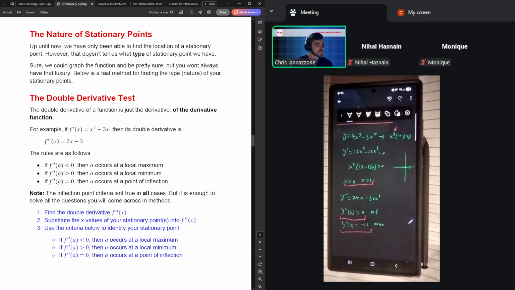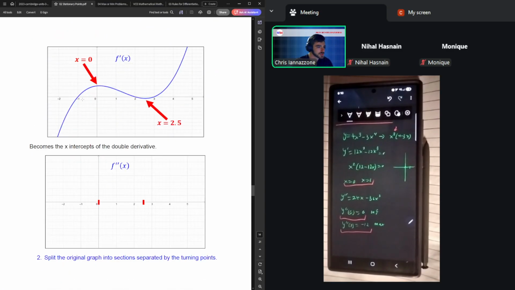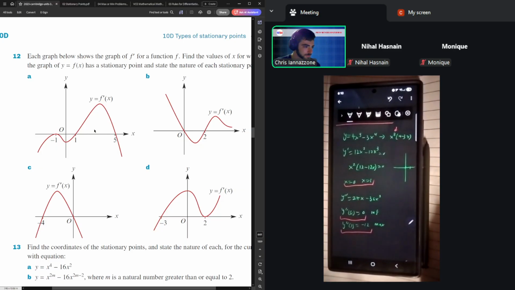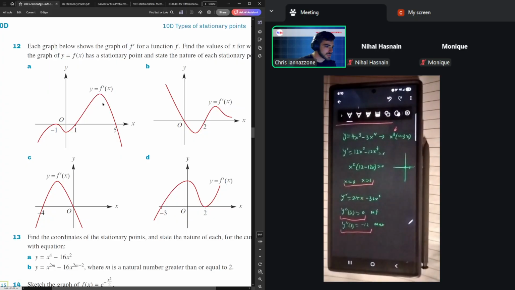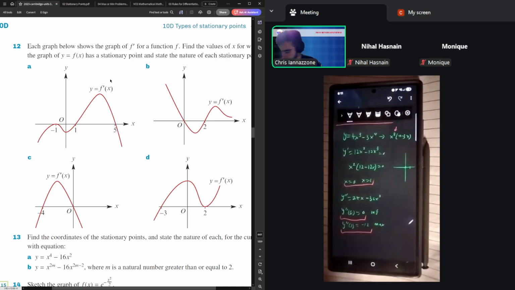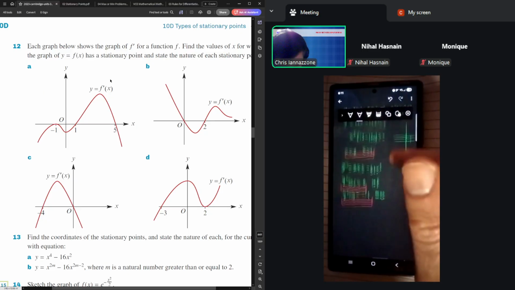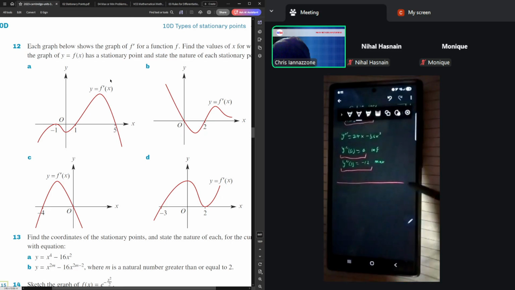So this was the last thing we talked about, which was you have the graph of f dash. Now we want to find the nature of stationary points from that. So we'll just do 12a here. Based on the graph of f dash, what is the nature of the stationary points of f? I'll see if I can copy that down while you have a think.